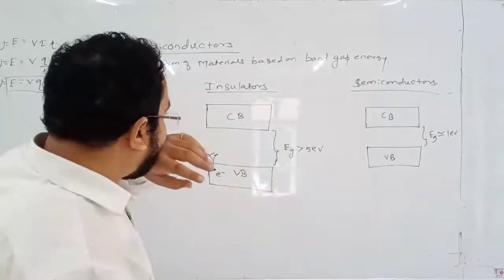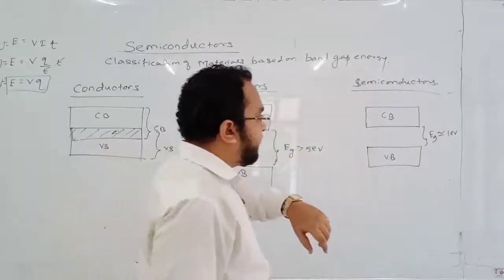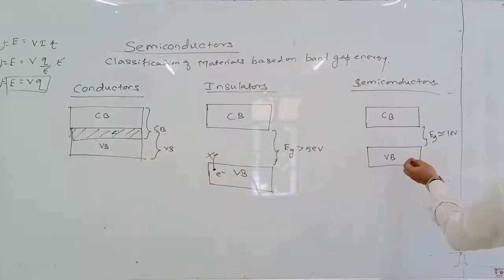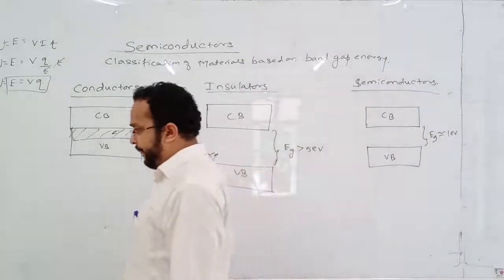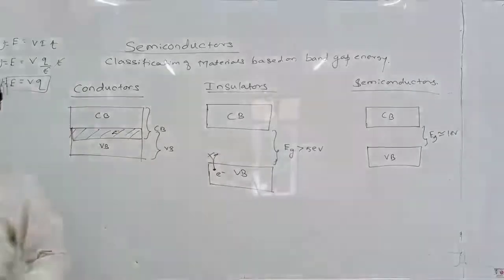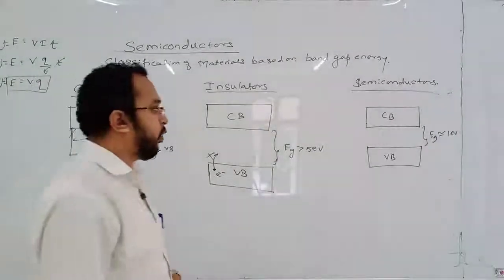Now the energy gap is very less, so by external influence the electron in the valence band can easily move to the conduction band, and these are semiconductors. The energy gap is around 1 electron volt.